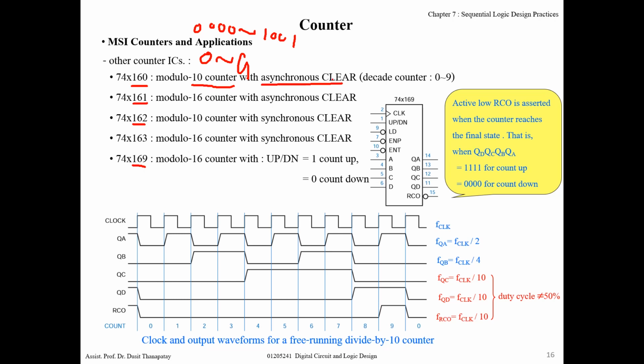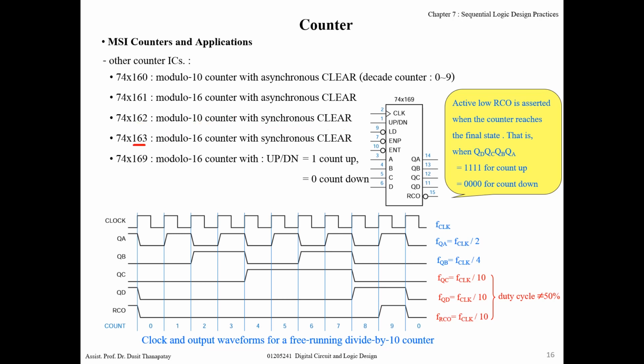Asynchronous clear means when you clear, it clears immediately. And 161 is a modulo 16 counter. It counts 0 to 15. And for this one, it is a modulo 10 counter, counting 0 to 9, with synchronous clear.